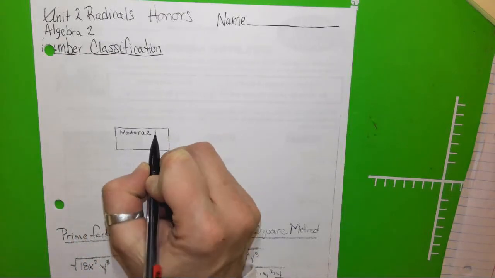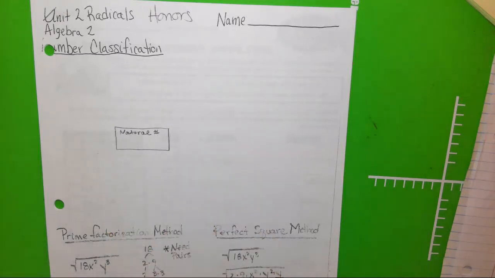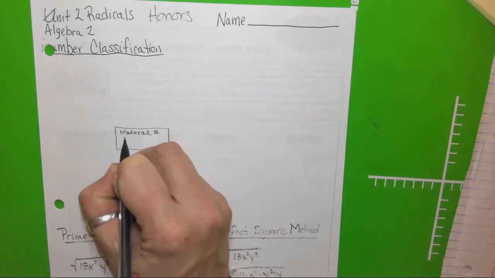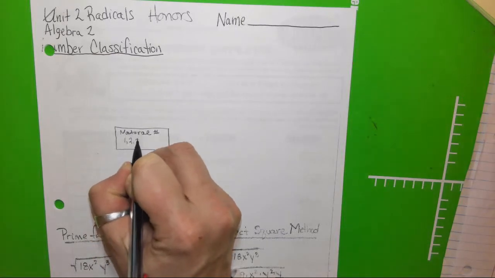I think about my son. A natural number is a number that is natural to him. When he was real little, like a toddler, he understood one sucker. I can have two suckers. I can have 3 pieces of cheese. He understood 1, 2, 3, 4. He did not understand 0.